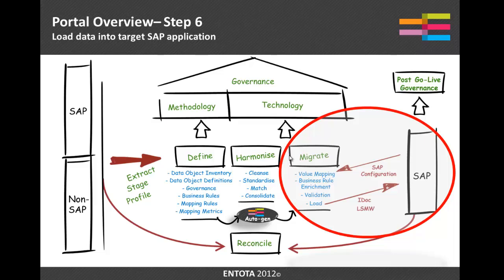So data services can prepare data for any of those application integration points. It also does BAPI and RFC enabled function calls, etc., as you would expect with an SAP toolset.